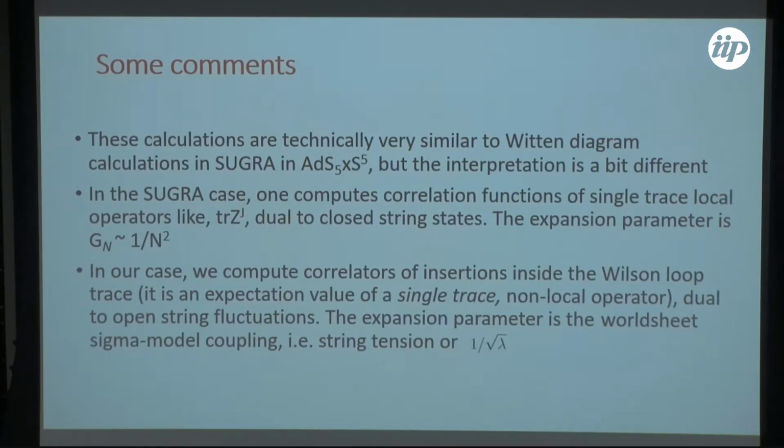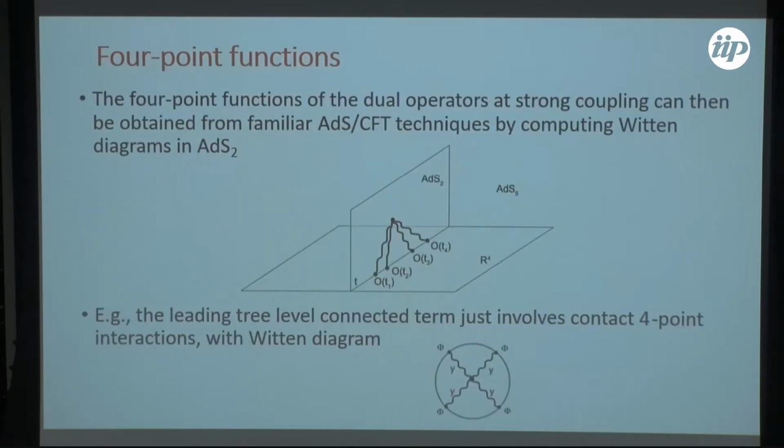We just have some single trace non-local object, which is described by an open string and its fluctuations. So the correlation functions we are computing here are obtained not from supergravity, but from the actual worldsheet theory. And the expansion parameter is not 1/N squared, as is the usual for correlation functions of single trace operators, but it's 1/root lambda. It's just the coupling of the string worldsheet action. And N in this discussion is strictly infinity. So these correlation functions are not suppressed by N. The coupling is 1/root lambda.